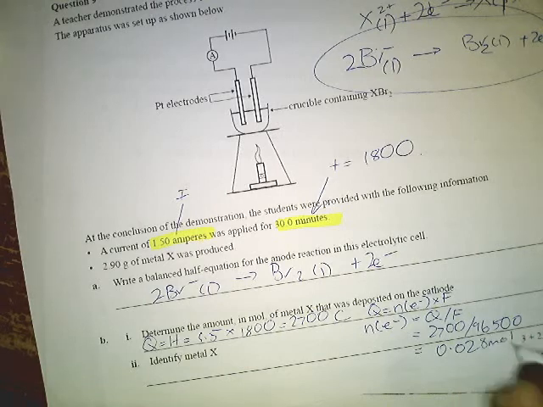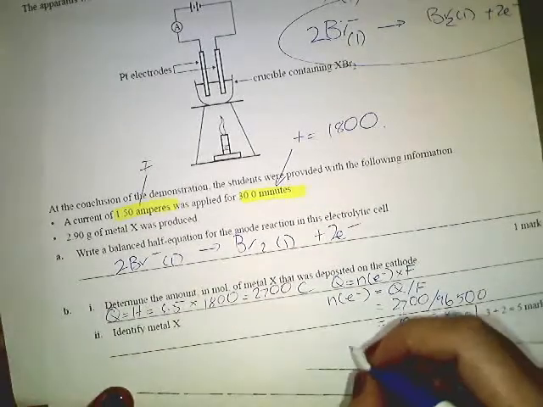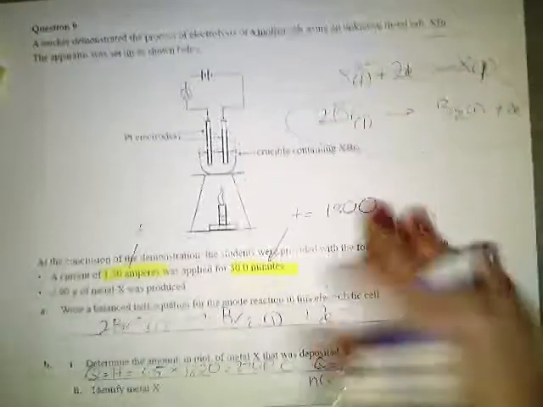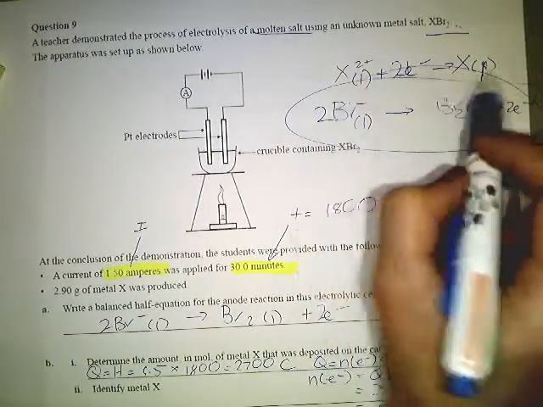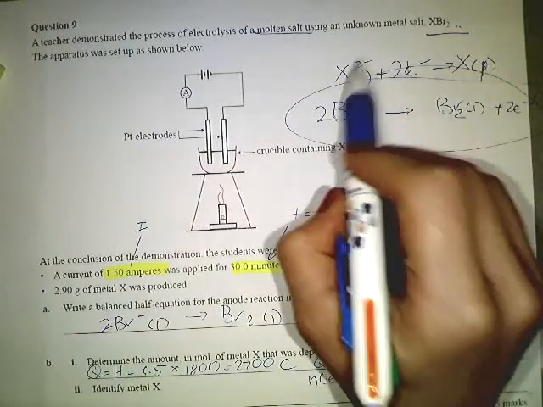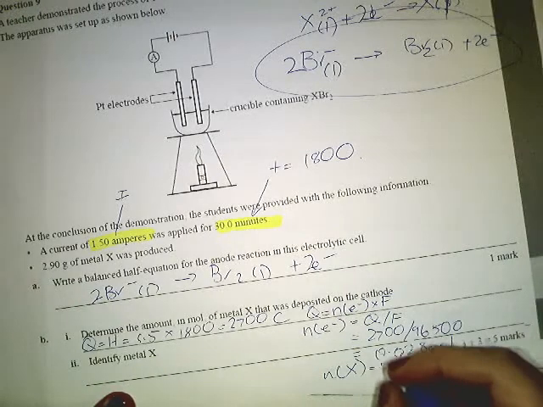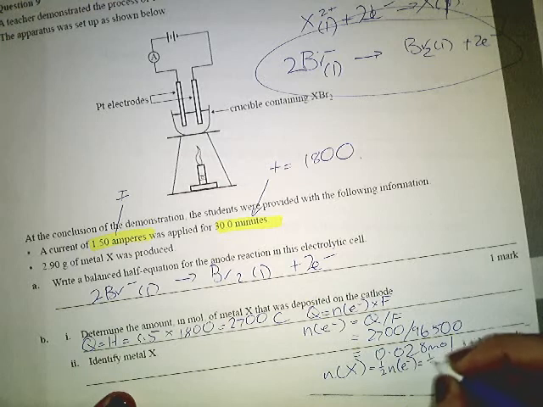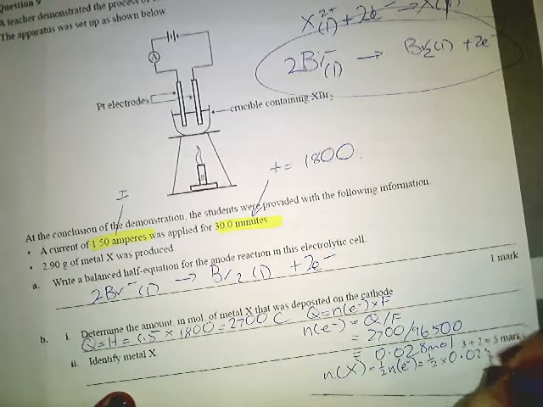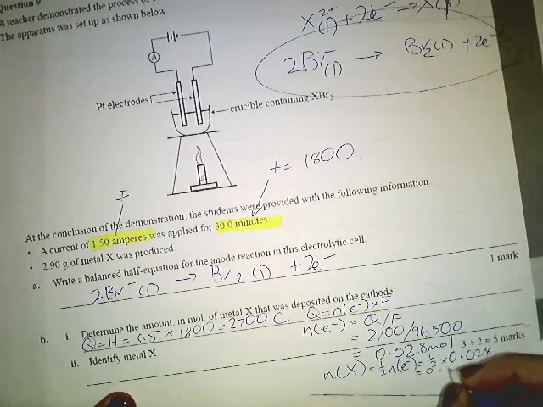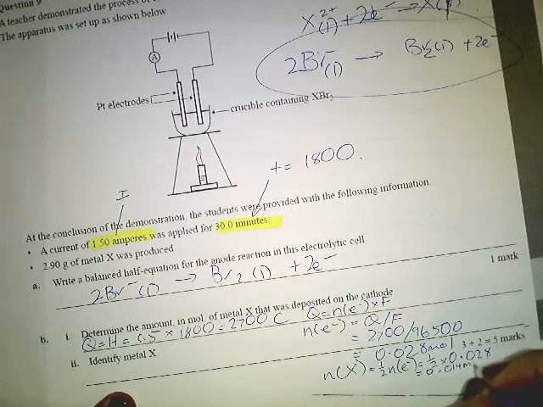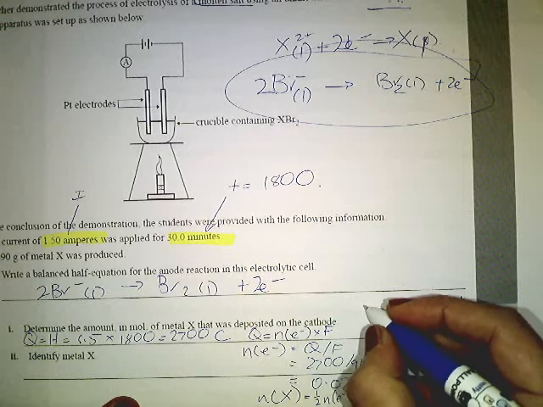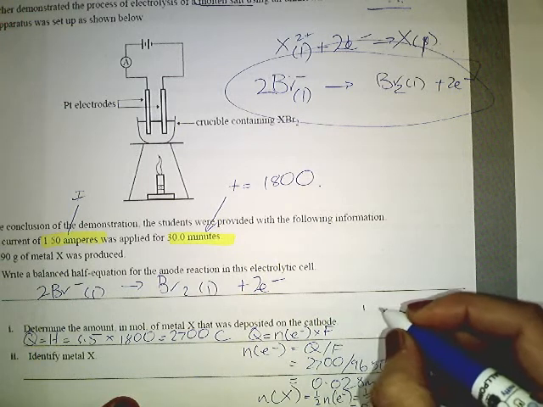0.028 mole. The moles of X, as you'll see, unknown is 1, known is 2, equals a half of the moles of electrons, which is 1/2 times 0.028, 0.014. Actually, that's it.